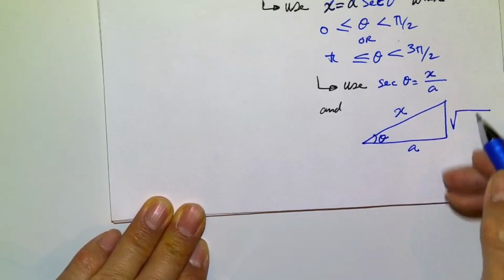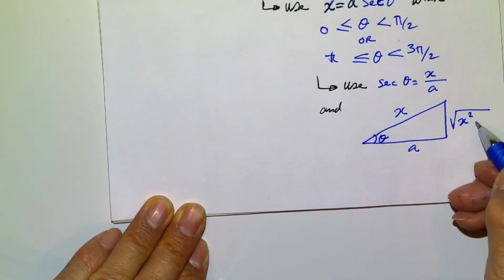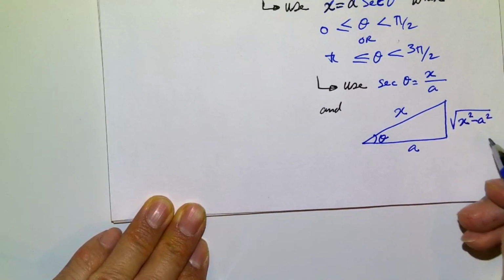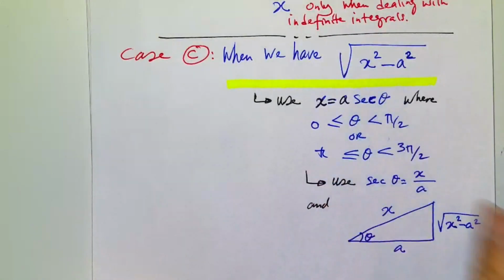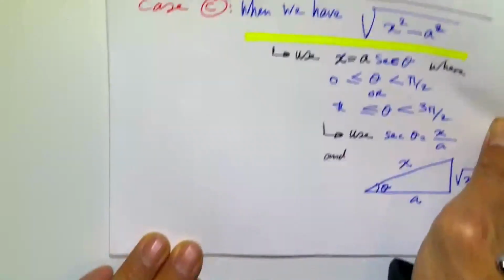And therefore, this piece here would be x squared minus a squared by the Pythagorean theorem, which of course is the term we have if we have this in our integral.